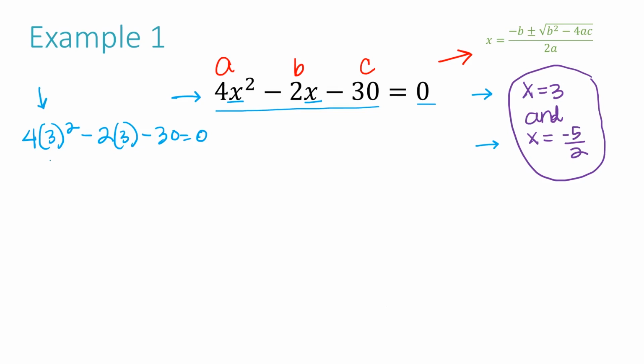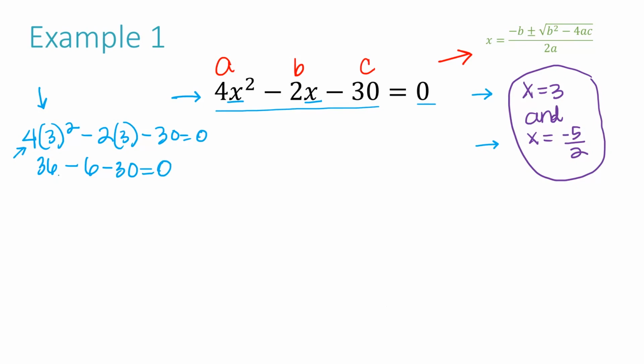I can work this part in my head, and I know that 3 times 3 is 9, and 9 times 4 is 36. So I'm going to replace this first term with 36. Now I'm going to subtract 6 from that, because that's what I get when I multiply 2 and 3 together. And then I'm just going to rewrite this minus 30 equals 0.